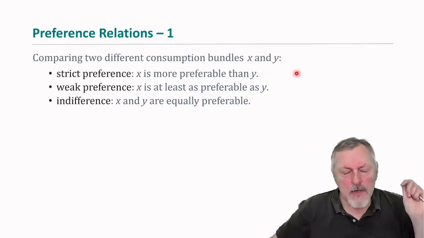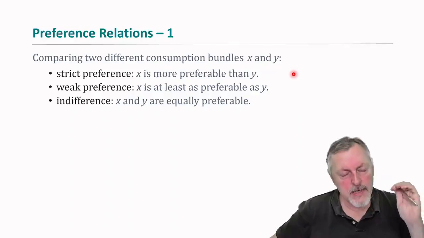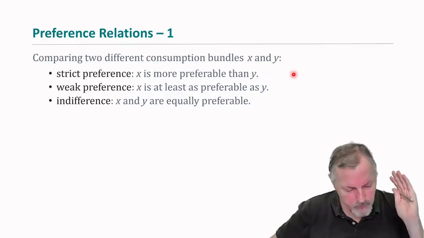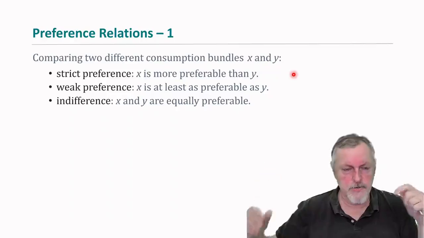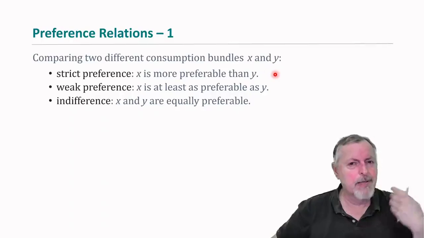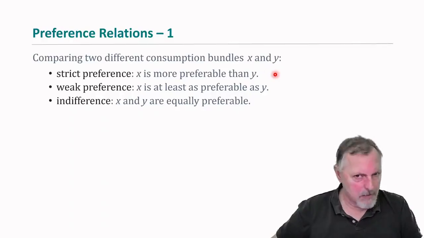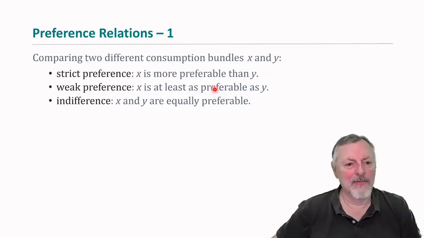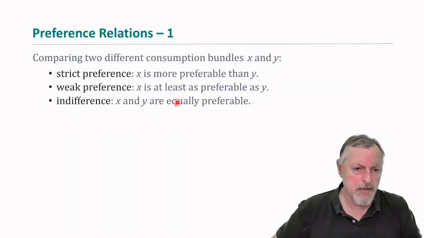You can think of this, it's not technically correct, but it will help you get your head around the concept, as this strict preference being reminiscent of X is greater than Y. Weak preference, again, reminiscent of, analogous to, X is greater than or equal to Y, and indifference equal.